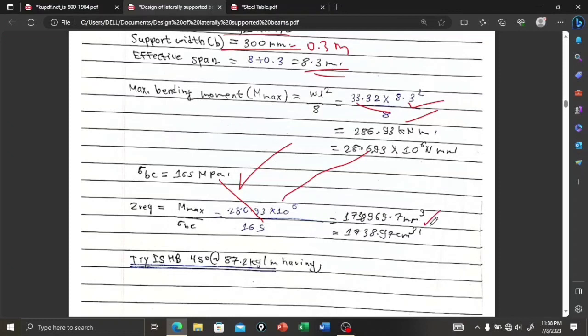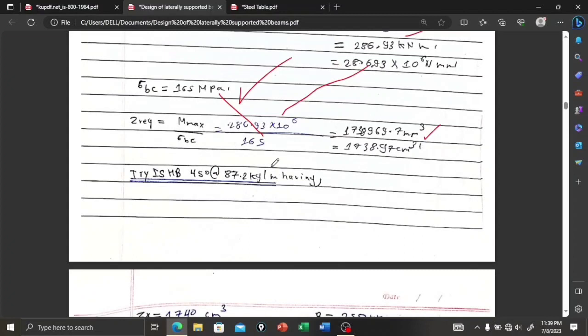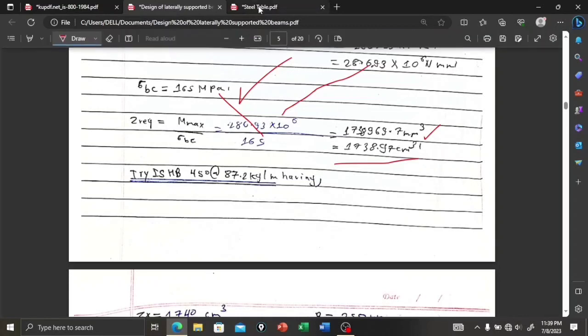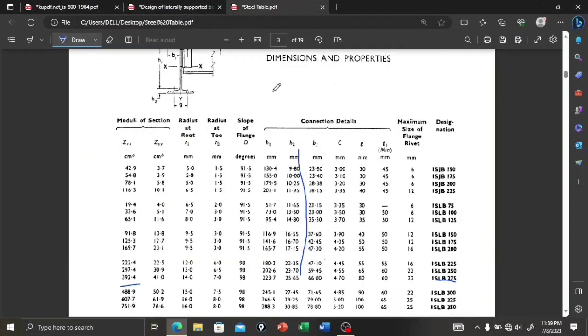To convert mm cube to centimeter cube, we divide by 1000, so it is 1738.97 centimeter cube. So we should choose Z greater than this 1738.